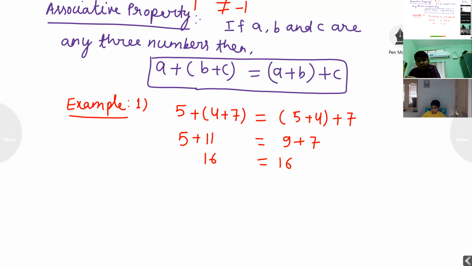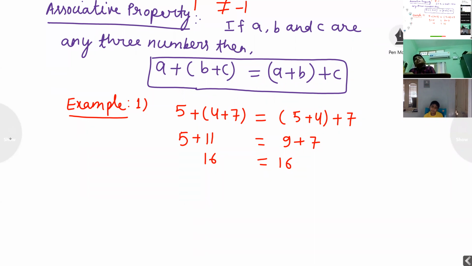If there are three numbers, two numbers we write into one group, and the other number we write with a plus. Here, 5, 4, 7, one number was there. 4 and 7 I have taken in one group, and here 5 and 4 I have taken in one group. When we add all three numbers, the answer is coming the same.